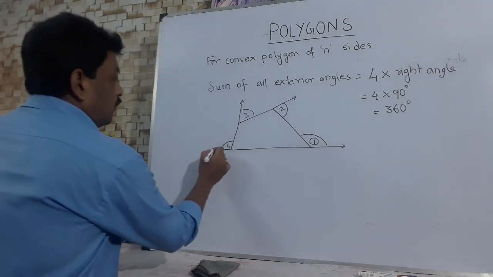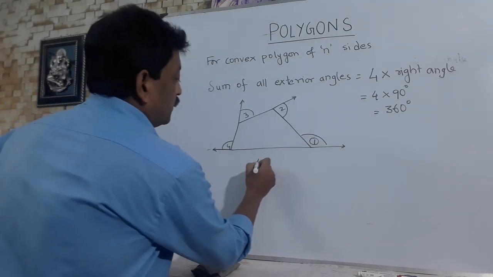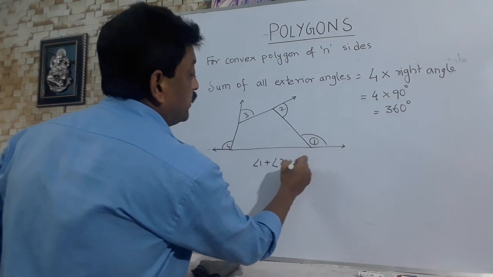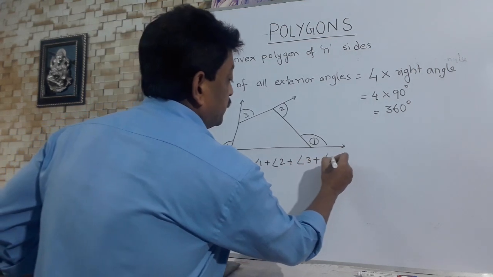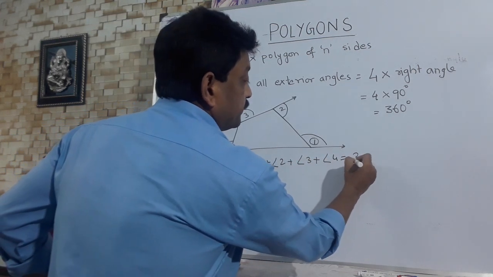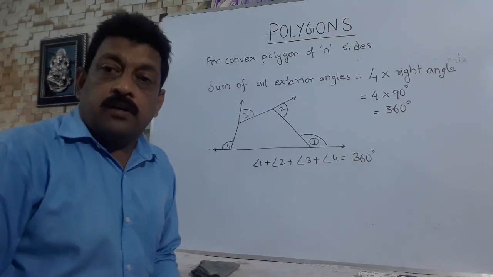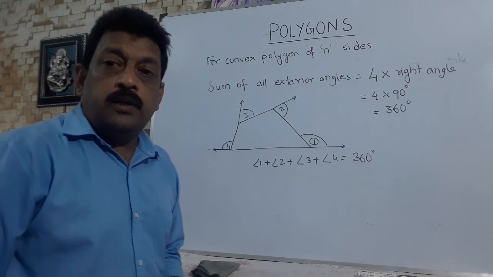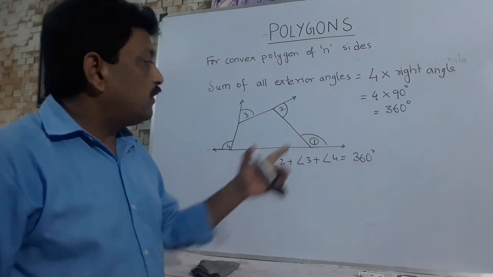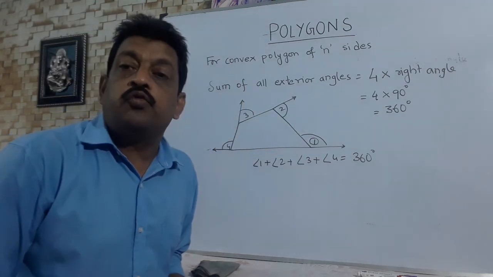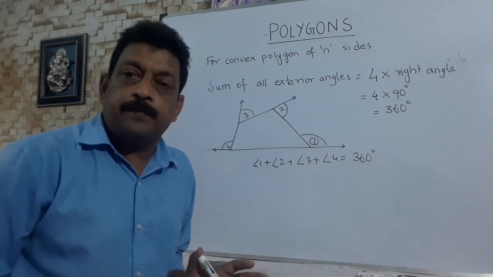If we measure all the exterior angles, then also the sum will be 360 degrees. So if we take a pentagon, hexagon, heptagon, octagon, any polygon, if we measure all the exterior angles, the sum will be 360 degrees.